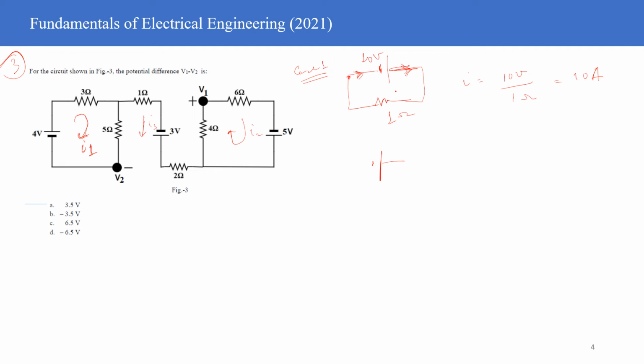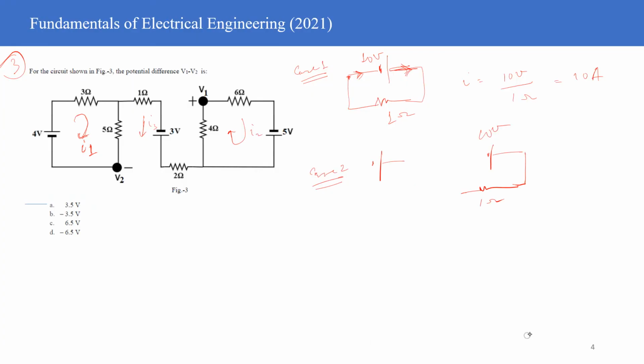So I'm deriving a case 2 based on case 1. You have a 10 volt voltage source, you connect it to a 1 ohm resistance, but you don't connect the negative terminal to the other end of the 1 ohm resistance. It's open ended, right? So in that case, no current is going to flow.